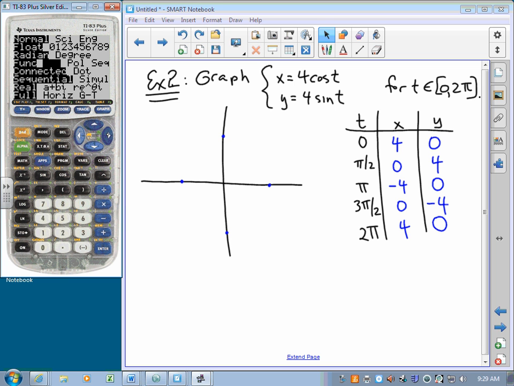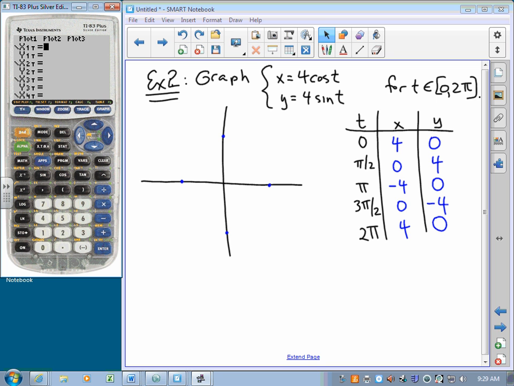When you graph in parametric mode and hit the y equals button, function 1 has an x component and a y component. So I type 4 cosine t and 4 sine t. Now I'm going to hit window to see if I've got a decent window.